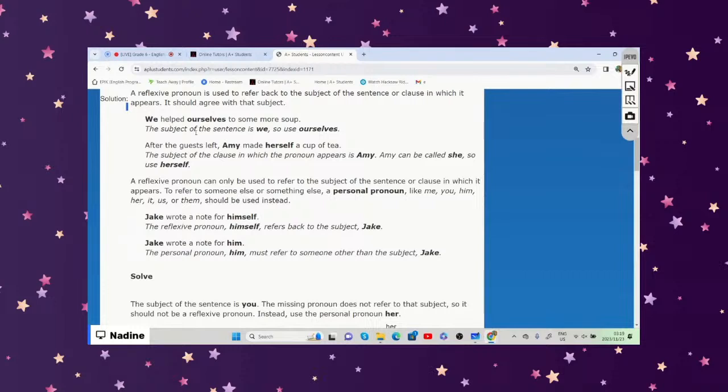But if you are referring it to someone else or writing it for someone else or doing it for someone else, then that is a personal pronoun, right? Because we now say him, her, it, them.